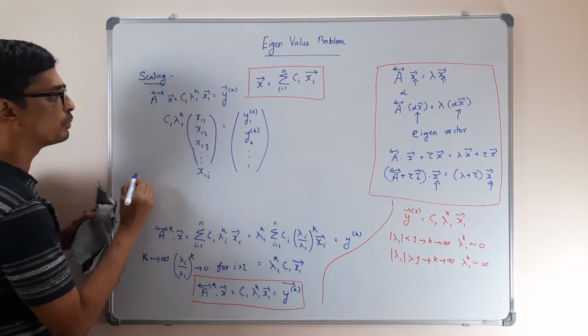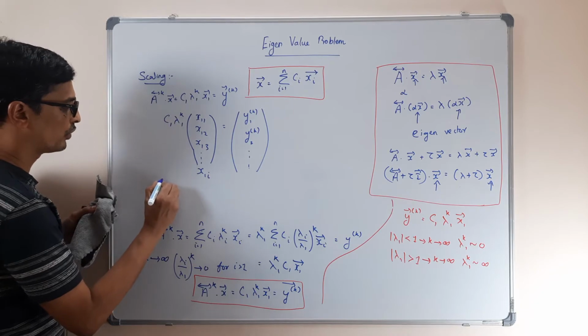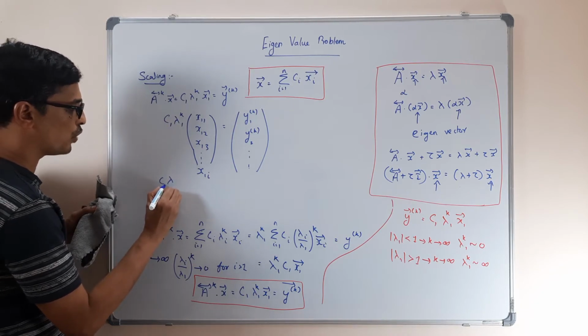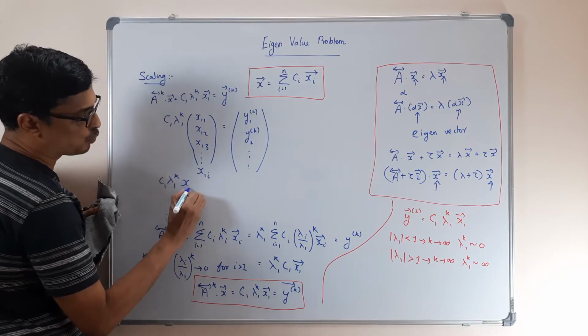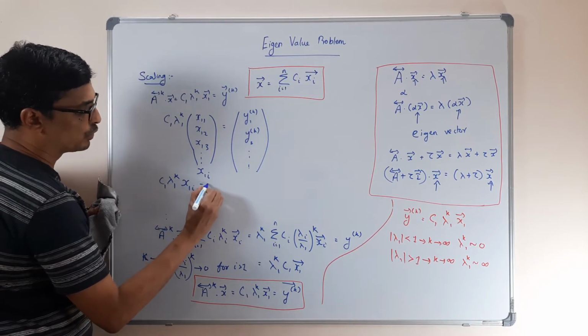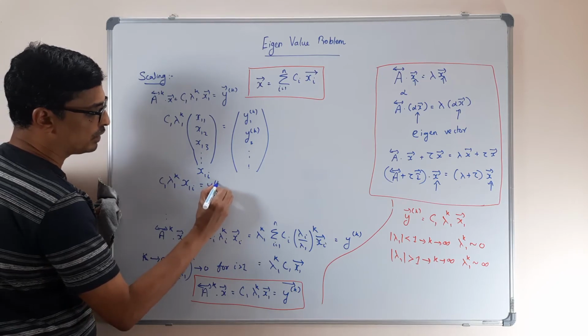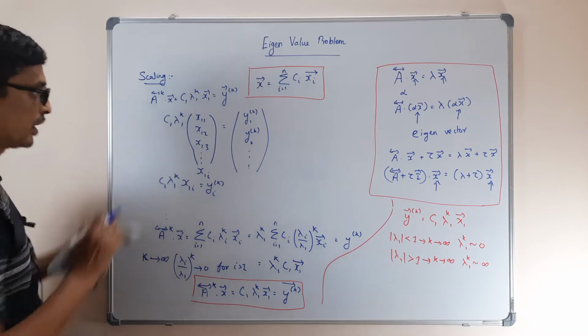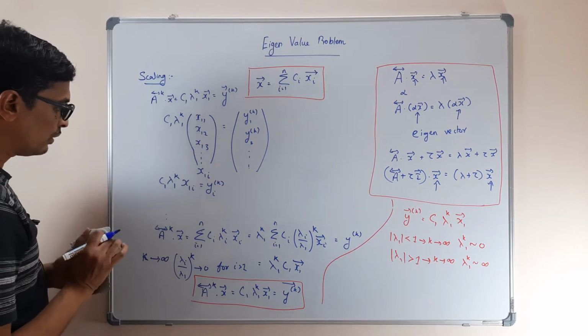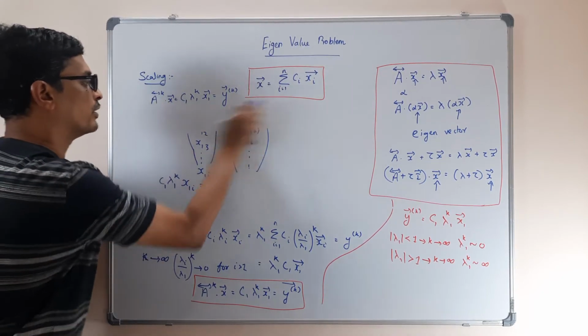The ith component will be c1 lambda 1 to the power of k times x1i, which is equal to y, the ith component of the kth iteration, because we are doing this k times.